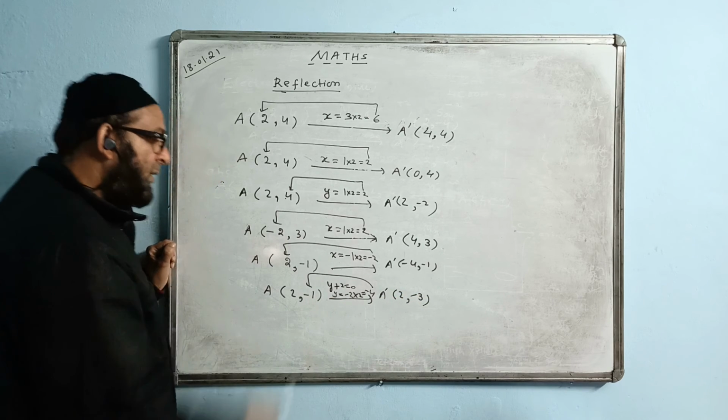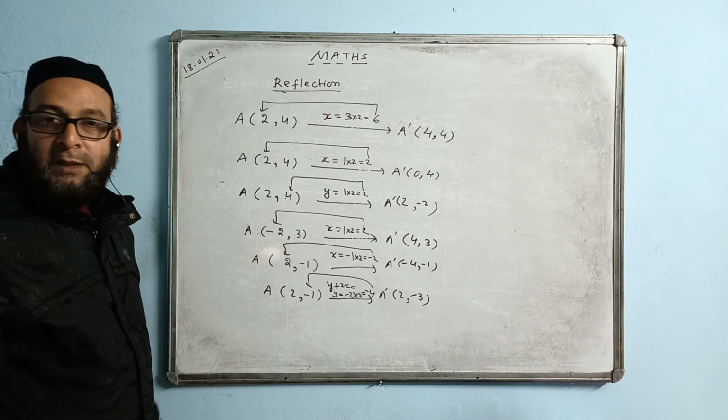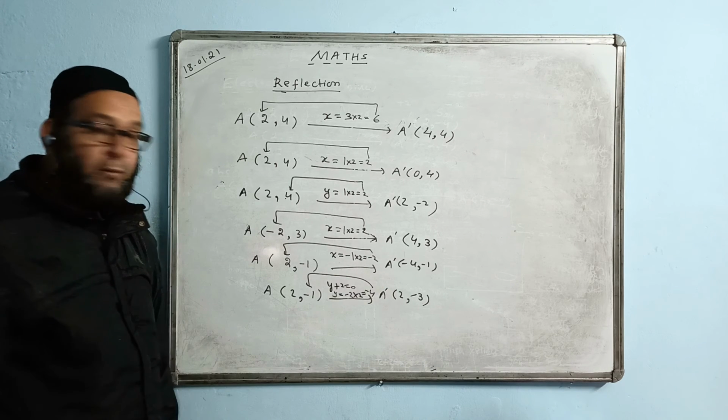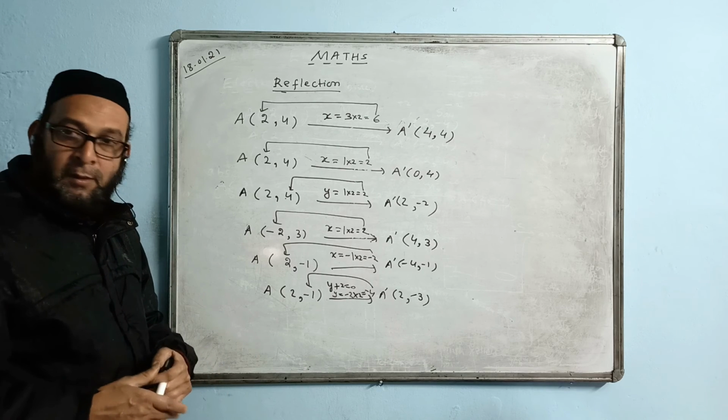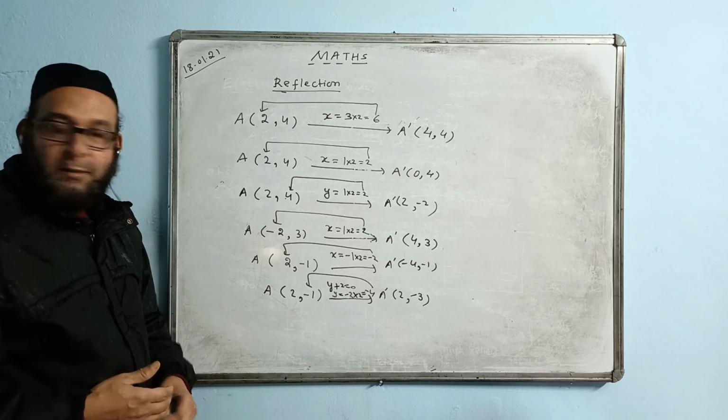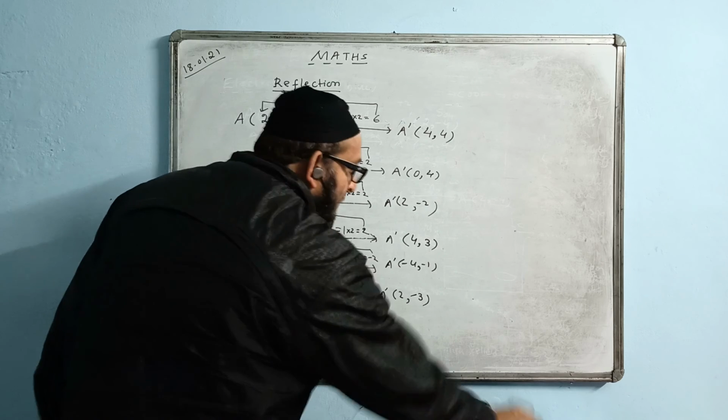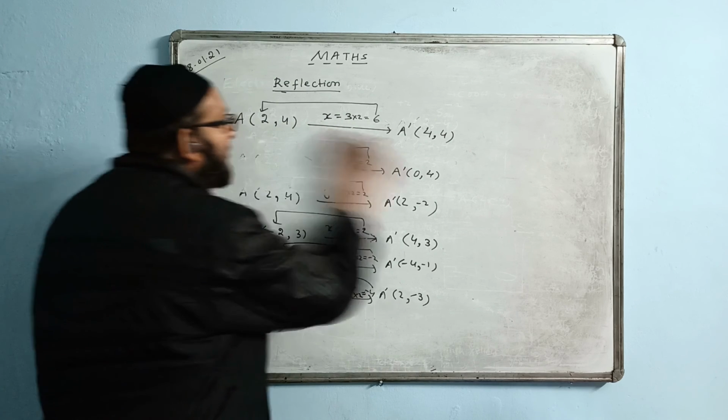The sign is changing, no? So -4 plus 1, you can say -3, no? That is the answer. Understood? Yes? You have to do a little carefully here and then you get the answer.